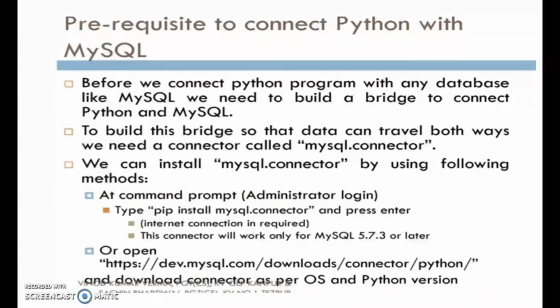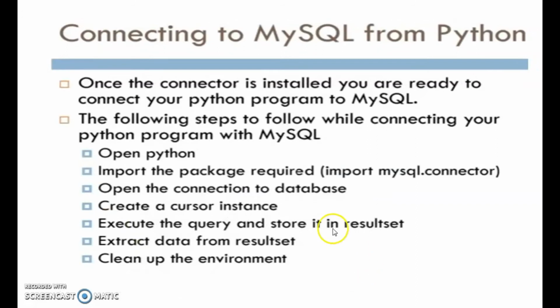Okay, open any web browser, then on the address bar, you can type the address. Then after that, you can download the connector as per your operating system, and also consider your Python version. So once the connector is installed, you are ready to connect your Python program to MySQL.